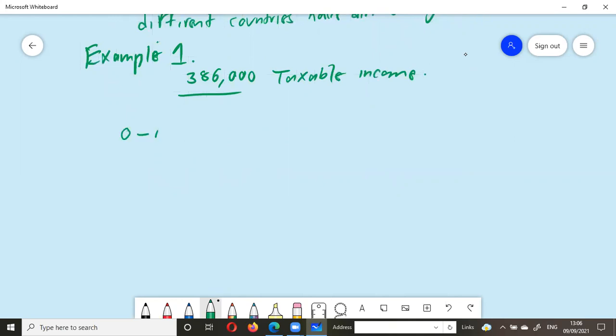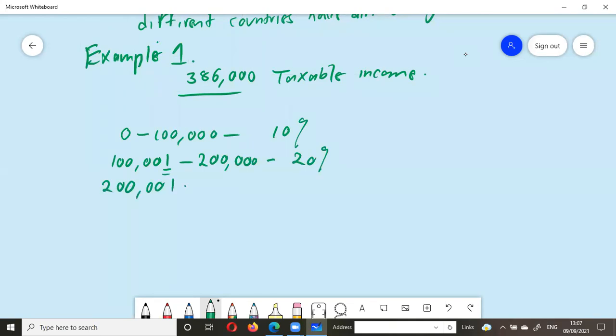From 0 to 100, they were charging us 10%. Then from 101, we shall ignore the 1 because we're reading from the first note to 200, our charge was 20%. Then from 201 to 300, our charge rate was 30%.